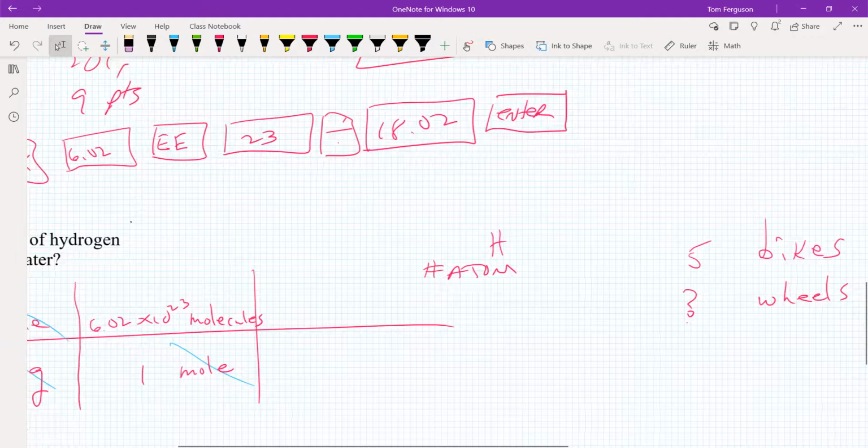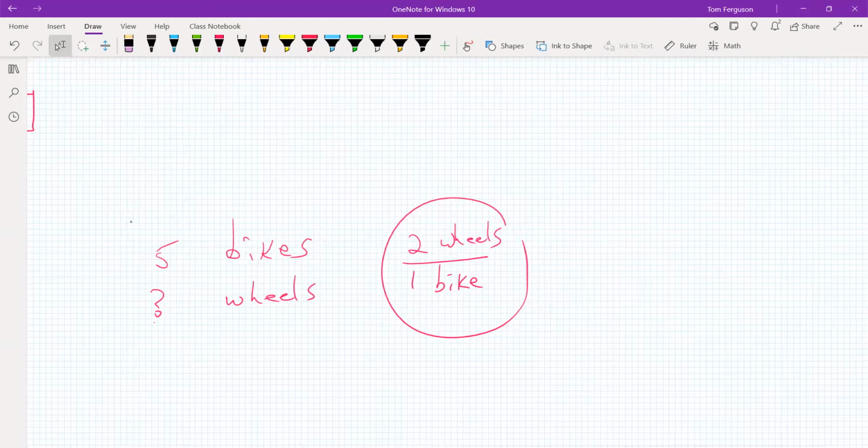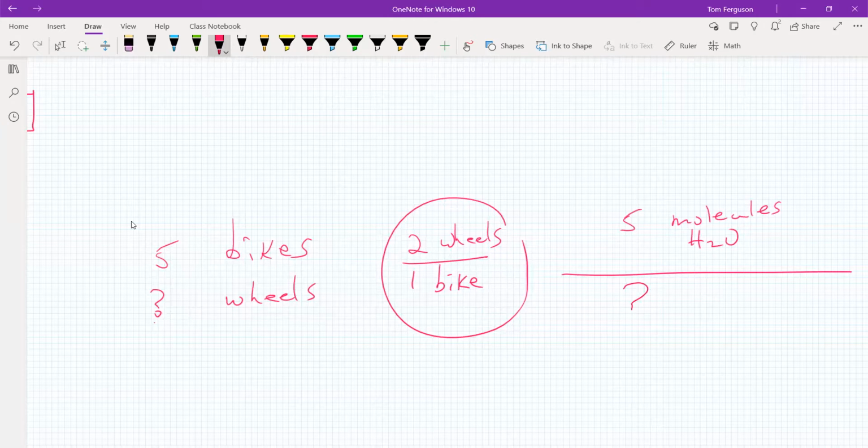If I have 5 molecules of water, how many hydrogens do I have? Ten, yeah, because each one's got 2. If I take the water apart, I've got 2 atoms.